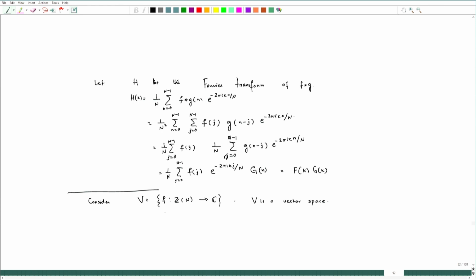So now define E_i(n), this is equal to 1 if n equal to i and 0 otherwise, and this is for i from 0 to N minus 1.